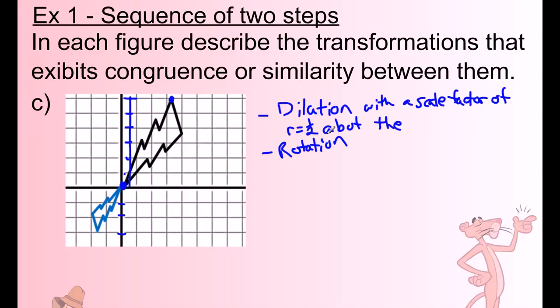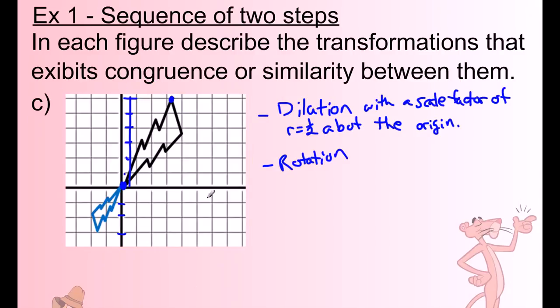About what point was the scale factor from? Well, I can pick this point, I suppose. It's about the origin. Okay, so we did our dilation. We dilated with a scale factor of 1/2. We made it half as big, and shrunk it down towards the origin.